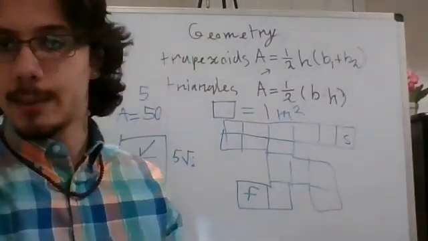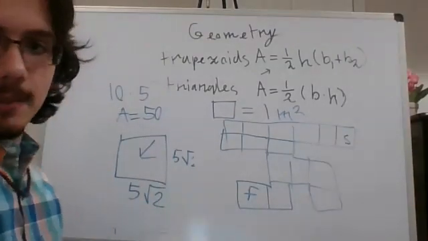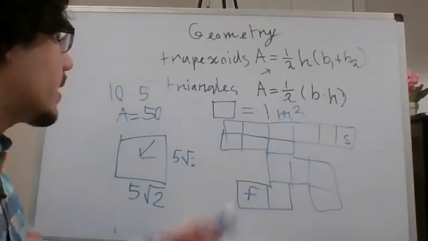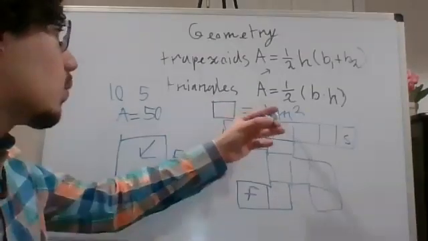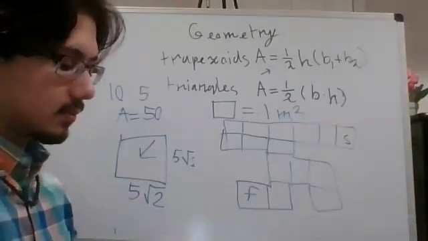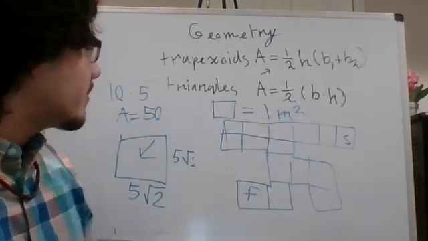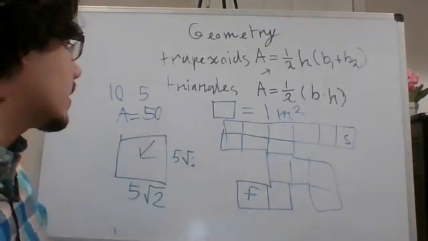Ms. Alicia, if we know that all the squares are 1 meter squared, how would we find the area of this maze? Sir, I don't know. Okay, well, we know what 1 square is, right?